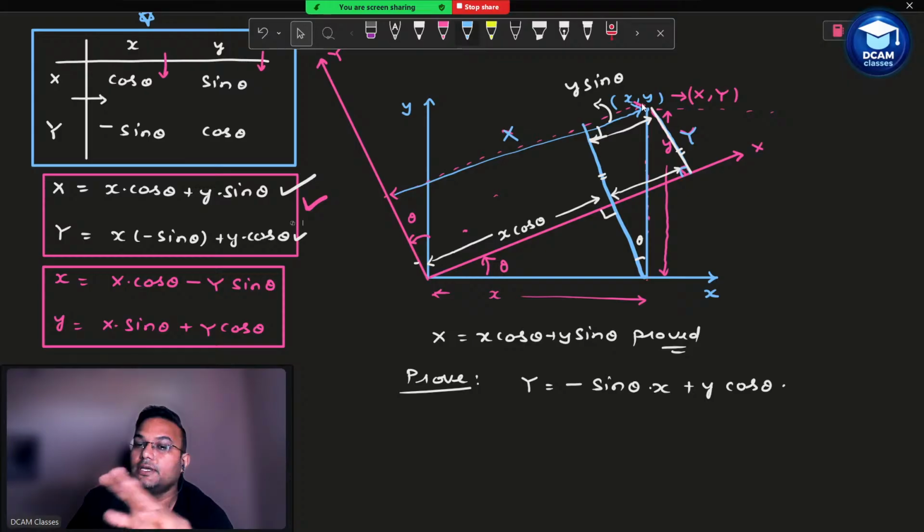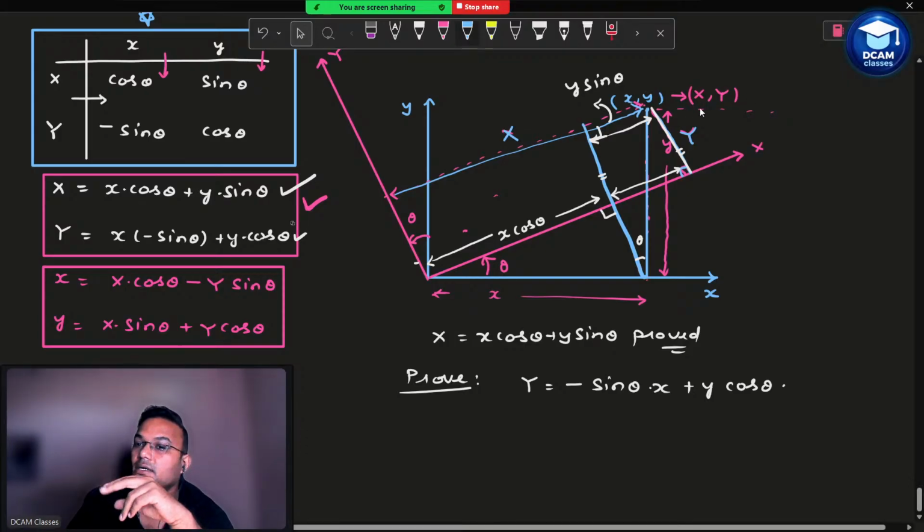Now with respect to the new axis, what would be the value of the coordinate? The new coordinate of this point P becomes capital X and capital Y. Now this capital X and capital Y will be what in terms of small x and small y, that we are trying to find. I have already given you the table, you have to prove it.